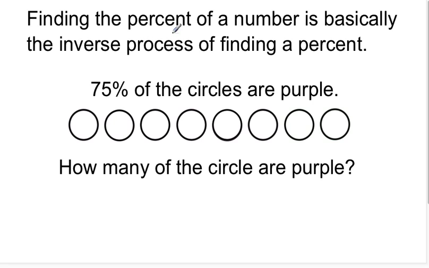So finding the percent of a number is basically the inverse process of finding a percent. Okay? So in this example, 75% of the circles are purple. Now from the previous slide, we already know how many circles are going to be purple. But let's take a look at how we find 75% of 8.